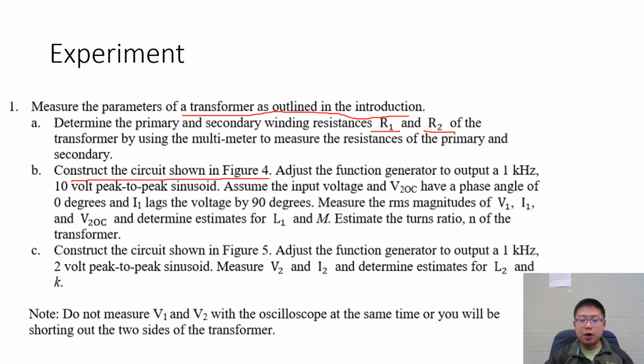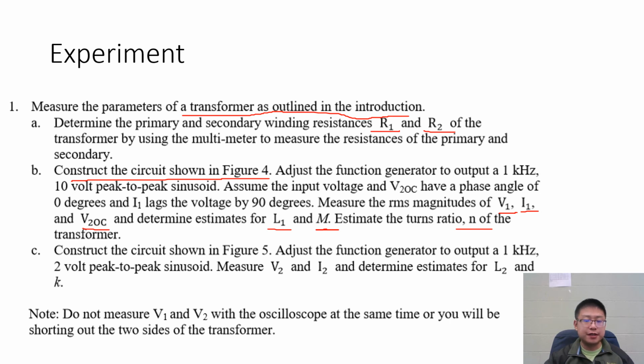That is, open circuit the secondary side and connect the function generator with the primary side, and measure V1, I1, and V2 OC, and estimate L1 and M, and also estimate the turns ratio.